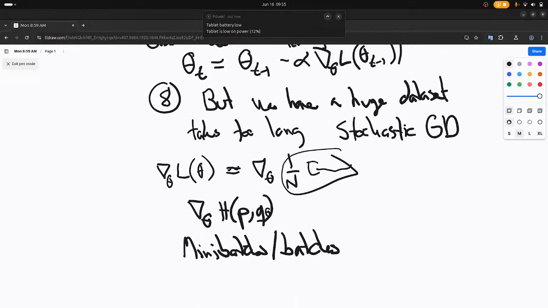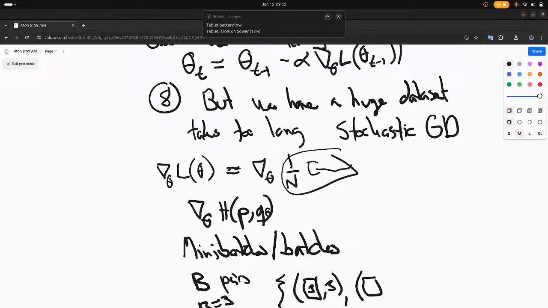So we say, I'm going to take b different pairs, b pairs. So I'm going to say, what if b is 3? I'm going to take this image and this pair and this image and a wrongly labeled one, maybe.